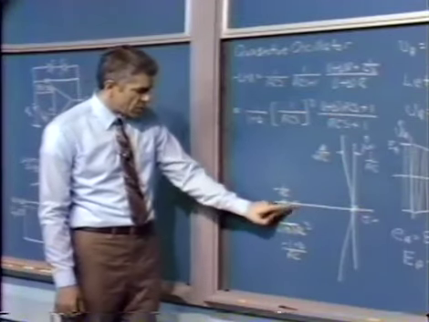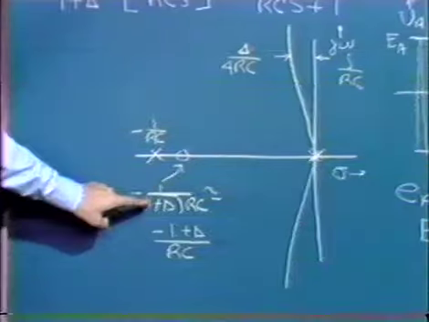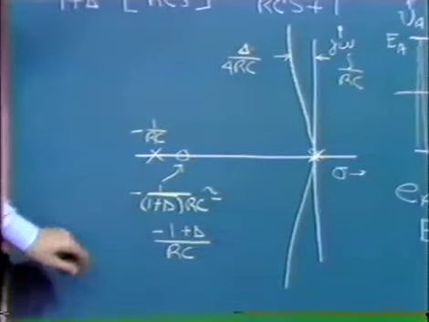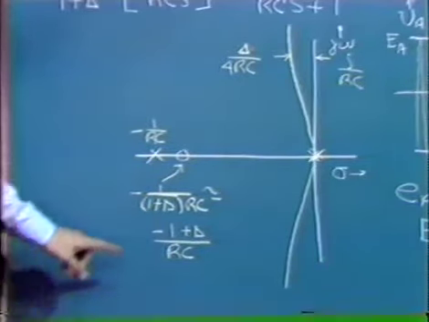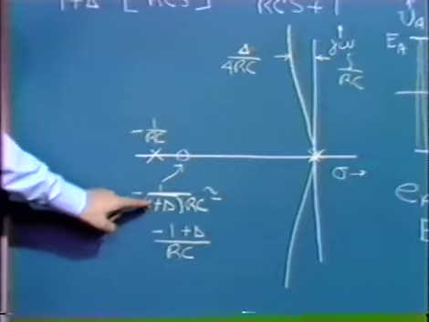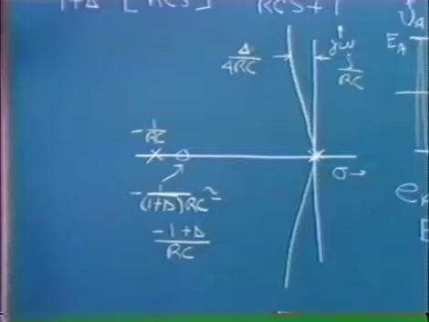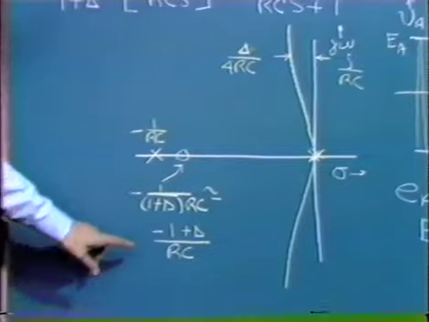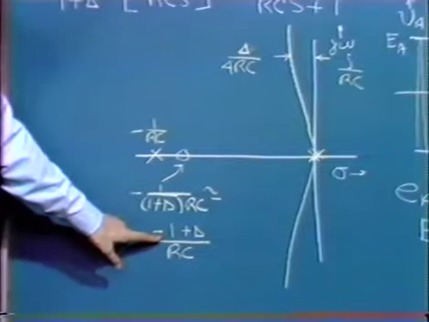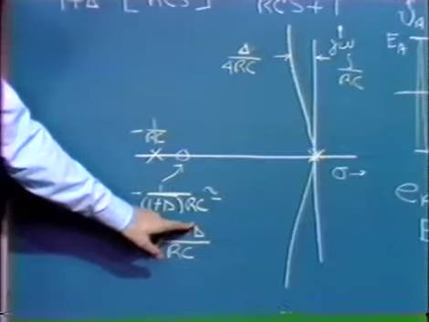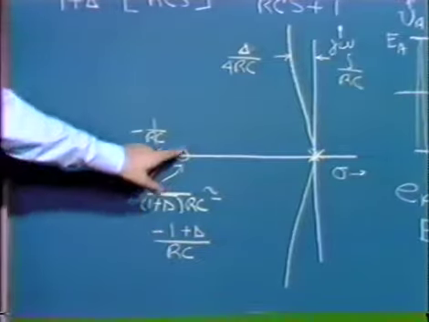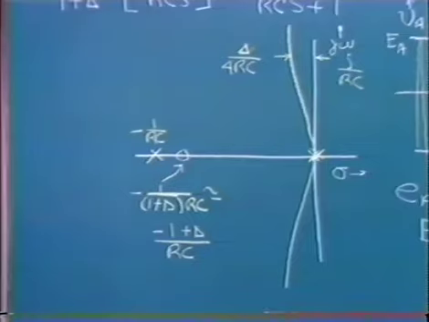In fact, we have a zero at minus 1 over (1 plus delta) times RC. If delta is small compared to 1, we can use a series expansion for 1 over 1 plus delta and approximate that series by its first term. Under those conditions, we get this at approximately minus (1 plus delta) divided by RC. That's the location of the zero in the loop transmission.